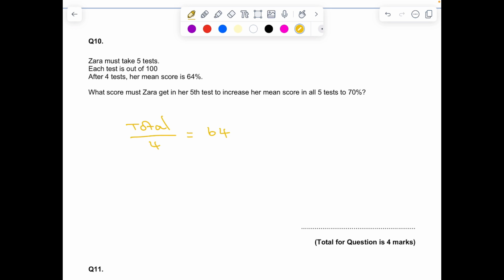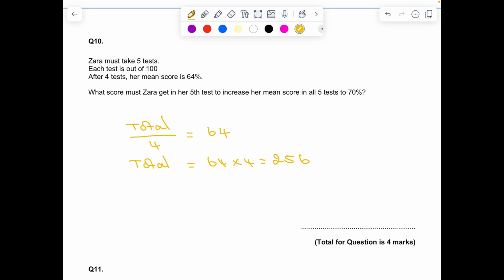Okay. So then to find out the total that she got in those 4 tests, we're going to do 64 times 4, which gives us 256. So that's how much she scored in total after taking 4 tests.